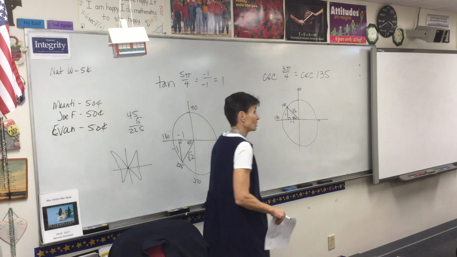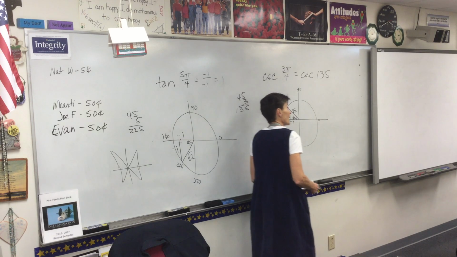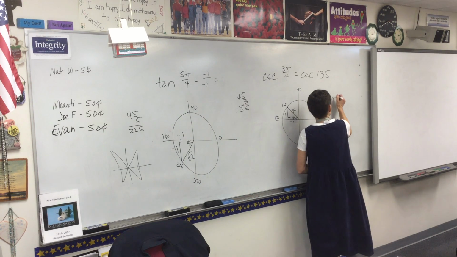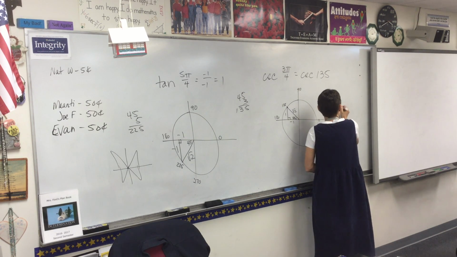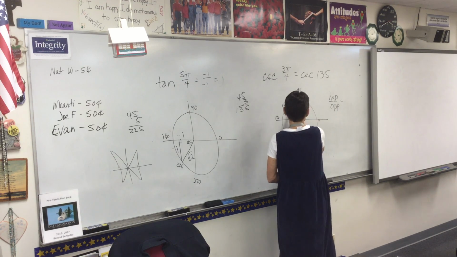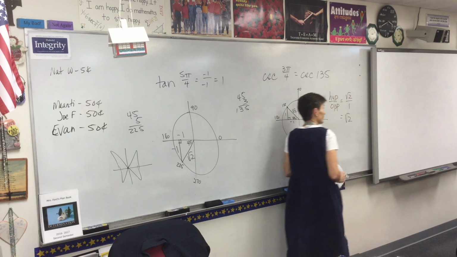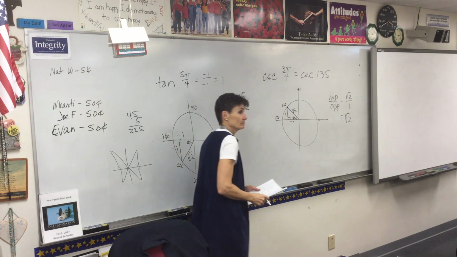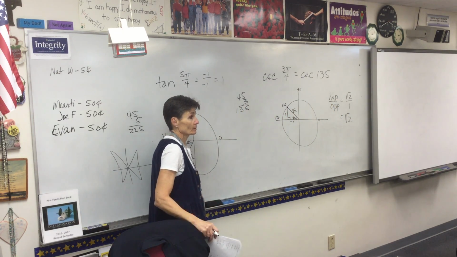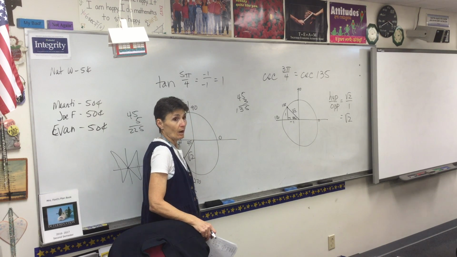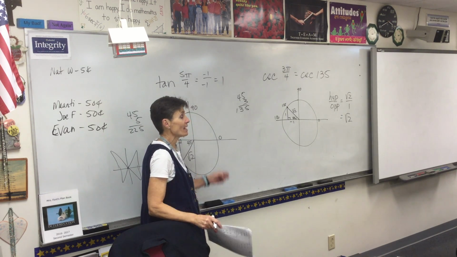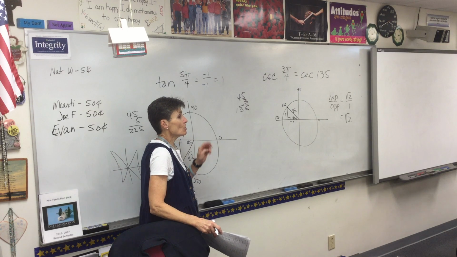Then we say, okay, what's the cosecant? Cosecant is hypotenuse over opposite, which for us would be root 2 over 1. So the answer is root 2. All right, now here's a little hint. You may have already picked up on this.